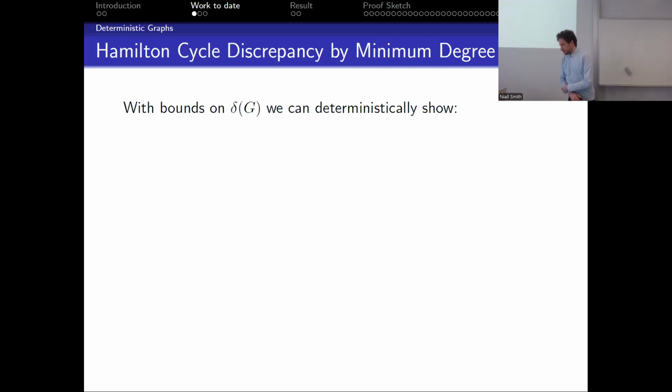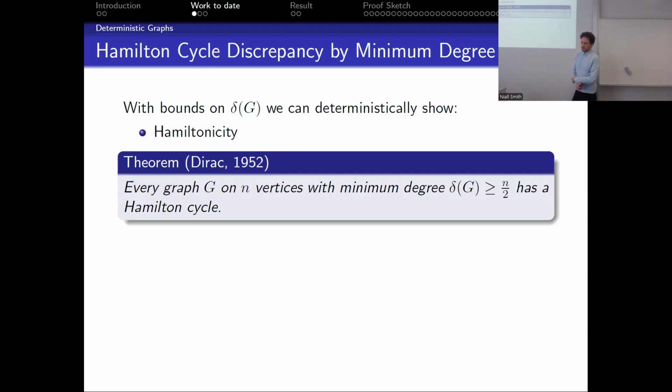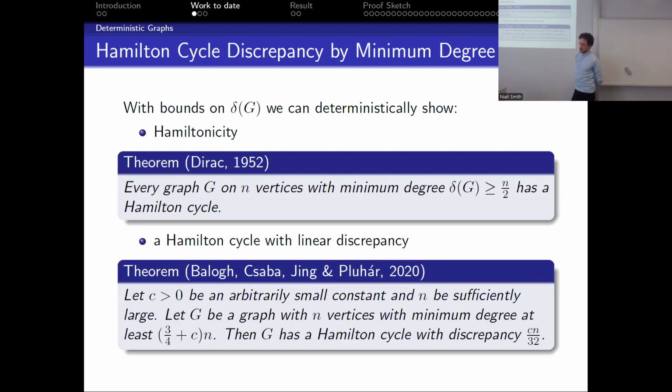Of course, we're looking at Hamilton cycles, so we start with Dirac: if the minimum degree is at least n/2, then a graph on n vertices has a Hamilton cycle.